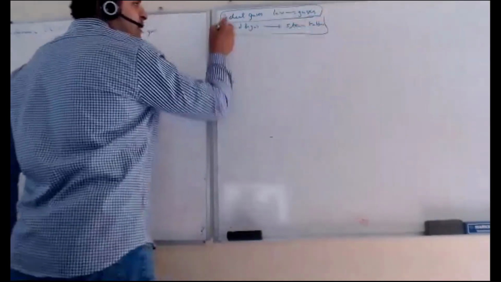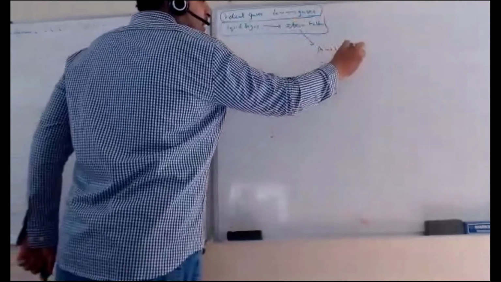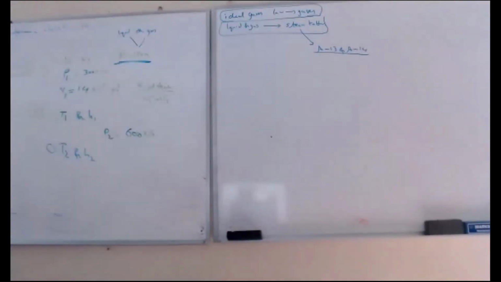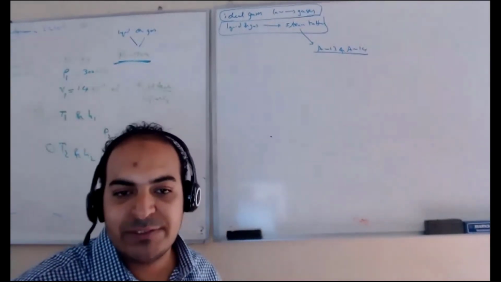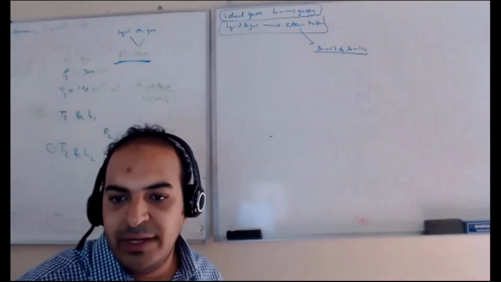For example, in this problem we're going to use tables A11, A12 and A13 for this fluid, R134A. Please open tables A11, A12, and A13. We need to use the appropriate tables. Okay, guys?